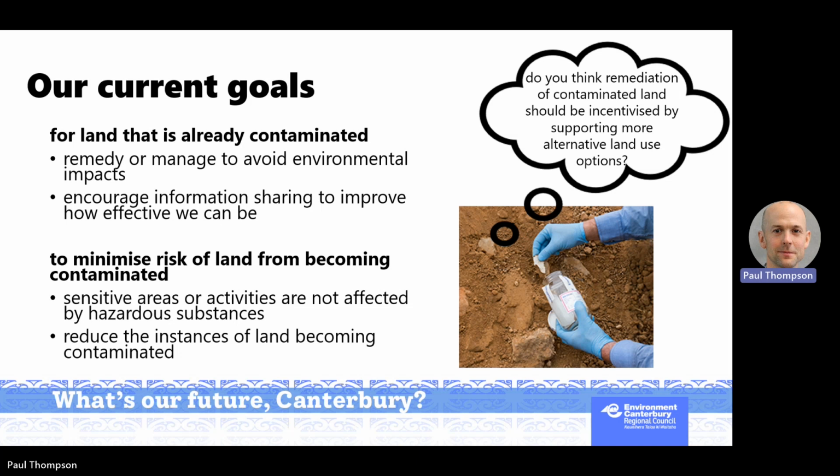So to support this and minimise the risks from contaminated substances, shared working between local councils and Ngāi Tahu takes place in recognition again that multiple parties have a role to play in connection with the use of hazardous substances and minimising land contamination.